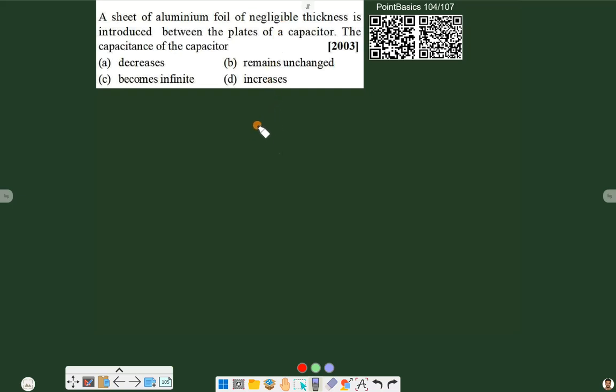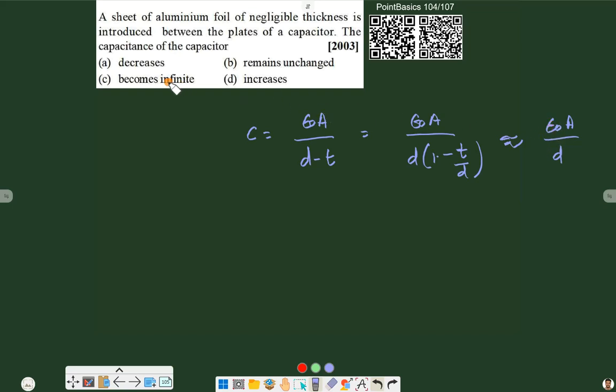For a conductor of thickness t introduced between the plates, our final capacitance can be written as epsilon naught A by D into 1 minus t by D. As it is mentioned that thickness is negligible, this t is very small compared to D, so this term will reduce to 0, and our final capacitance will be equal to the original one, so it will almost remain unchanged. So option B will be the right answer.